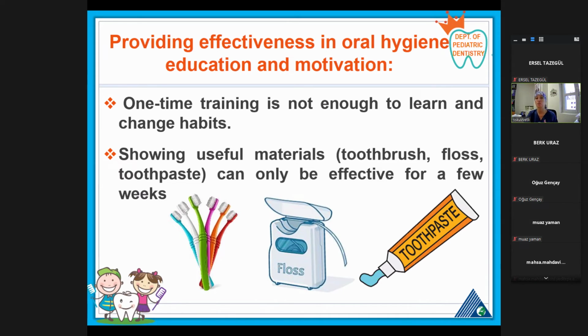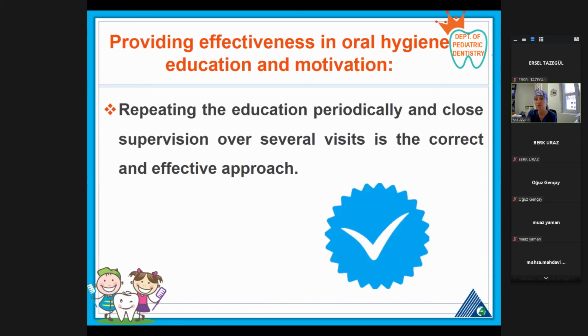In the upcoming courses, we will give you some lectures on oral health education and these materials and showing them to the patients. We will try to give examples for them. And repeating the education periodically and close supervision over several visits is the correct and effective approach. So these are the basic principles for giving oral hygiene or dental health education to patients.